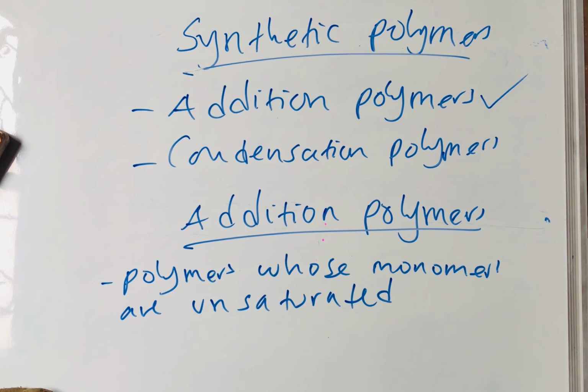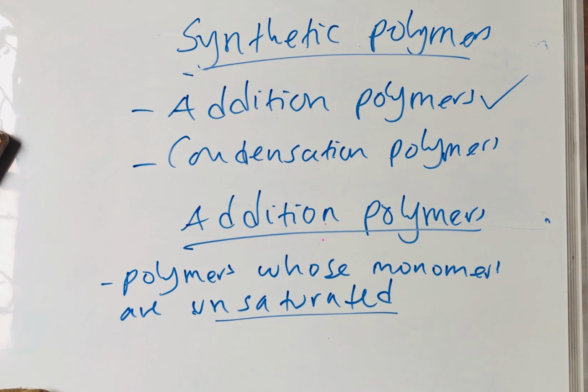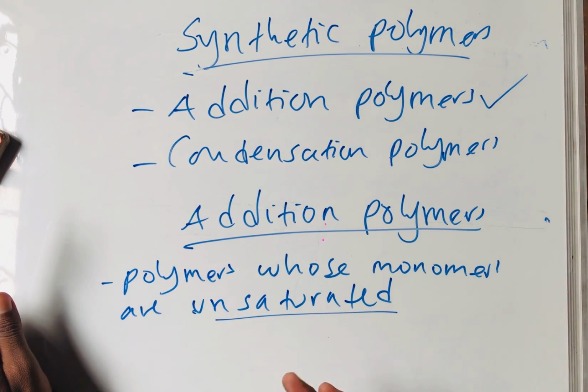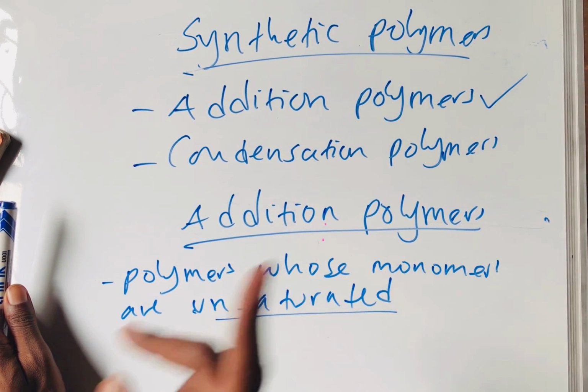Now remember, if we are talking about unsaturated compounds, we are talking about the alkenes. So in other words, the alkenes are the monomers of these addition polymers.